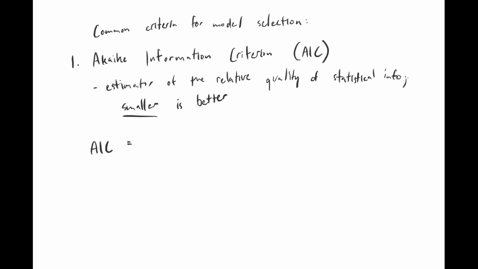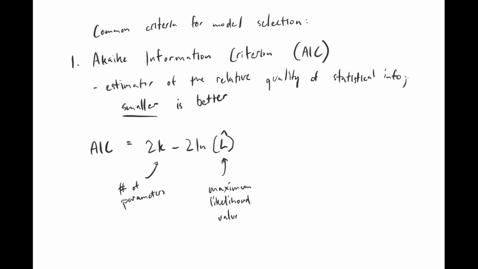So the equation looks something like this: 2k minus 2 ln L hat. This k is the number of parameters, and this L hat is the maximum likelihood value.